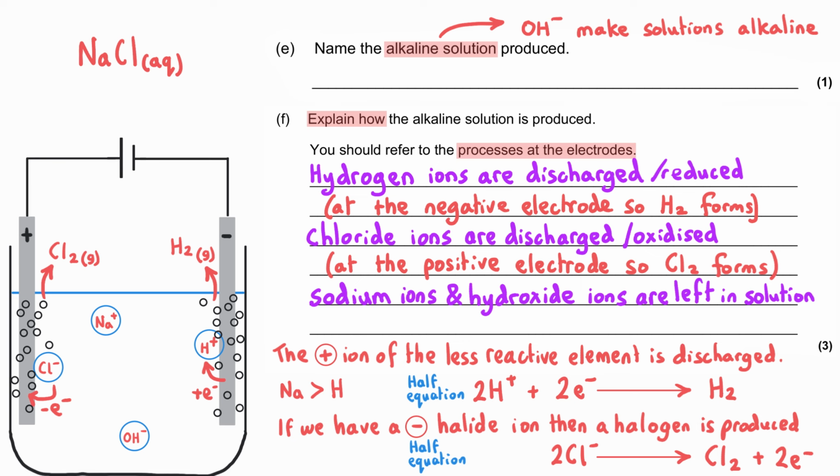But then if we go back to E, we can see that this alkaline solution must be NaOH, or in other words, to name it, it must be sodium hydroxide. And so we would get 1 mark for E for naming sodium hydroxide and 3 marks for F for explaining how this sodium hydroxide solution was produced. 1 mark for each of my 3 bullet points that I'm showing separated out here.